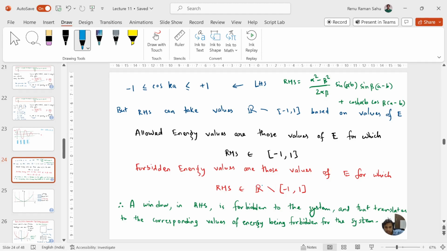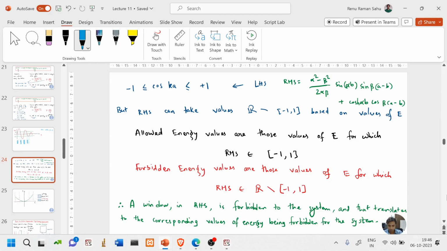So R is the real line minus the set of all real numbers from -1 to 1, including -1 and 1. Okay, sir. This is new to me.